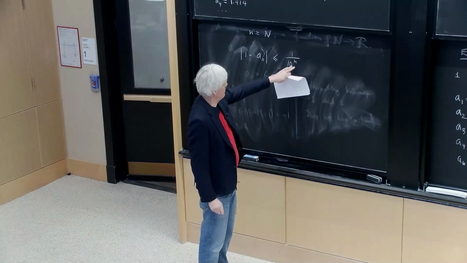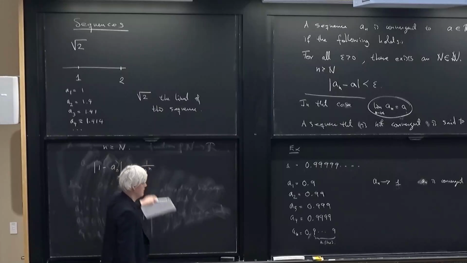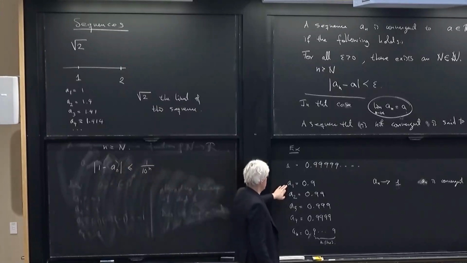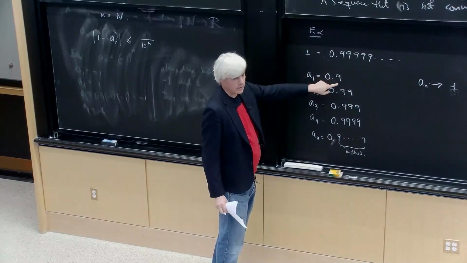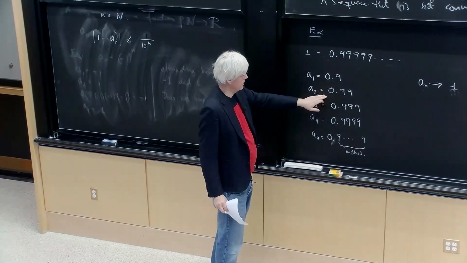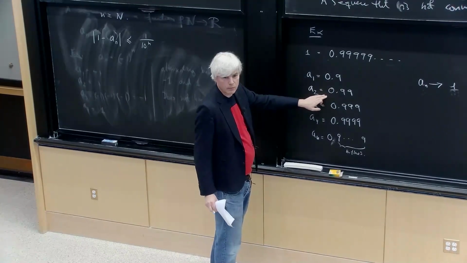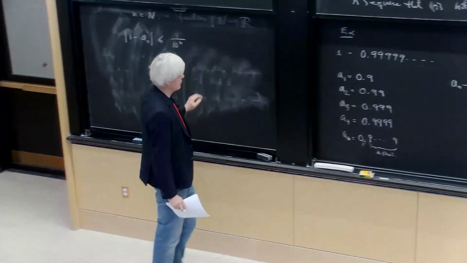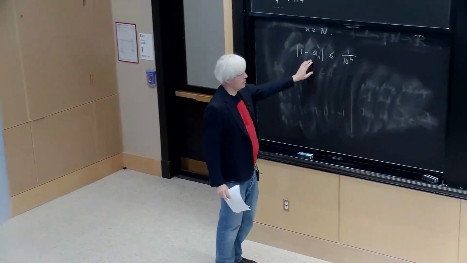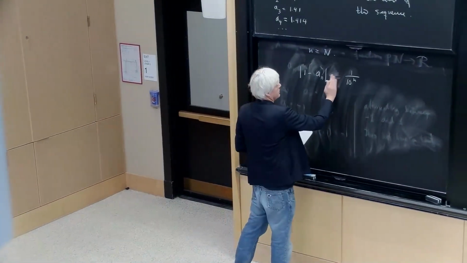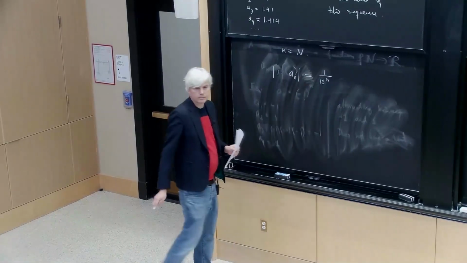Because if n is equal to 1, this is within 1/10 of 1, and likewise this here is within 1/100 of 1, etc. So we have this inequality. It's actually equality in this case.